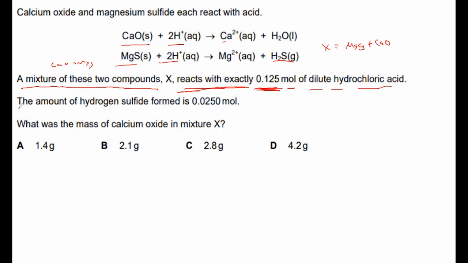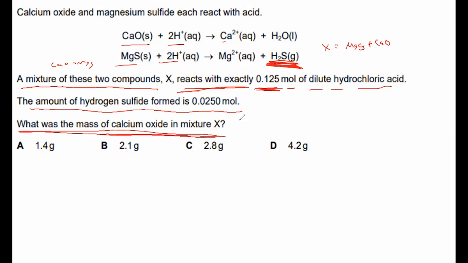The amount of hydrogen sulfide formed is this. This is the amount of H2S that we get. What is the mass of calcium oxide? We need the mass of calcium oxide, and we have two things given: the amount of H2S, and the dilute hydrochloric acid.